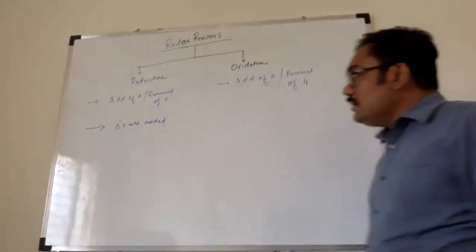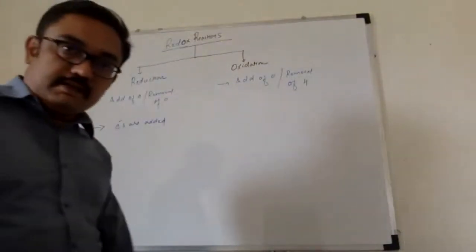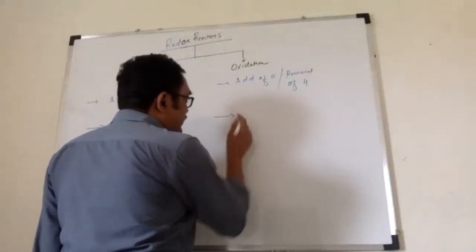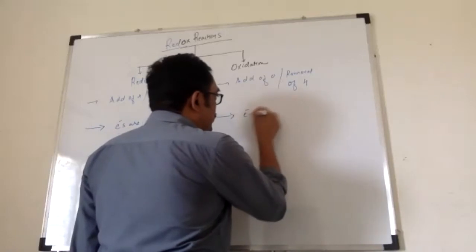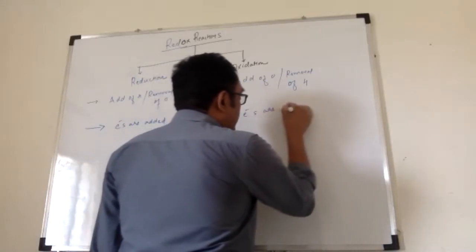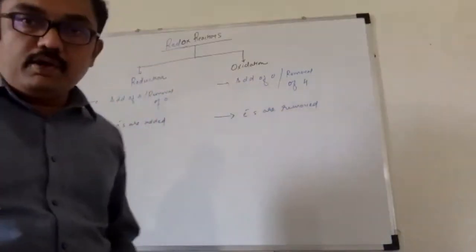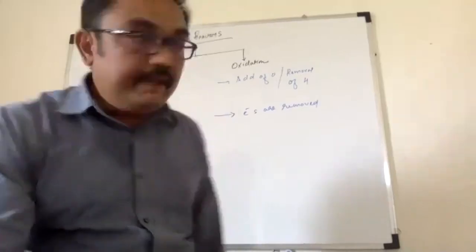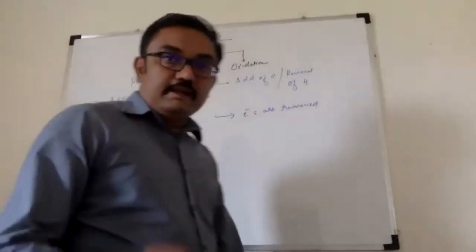If there is an addition of electrons, that can be called a reduction. And oxidation is a process in which electrons are removed. So removal of electrons is oxidation and addition of electrons is reduction. That is definition number 2.